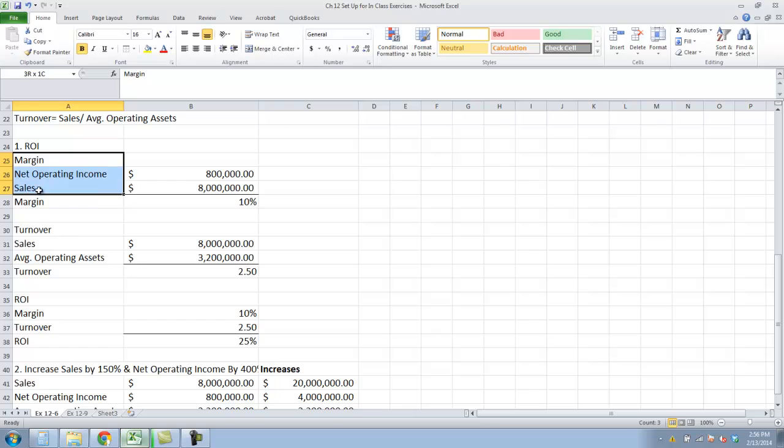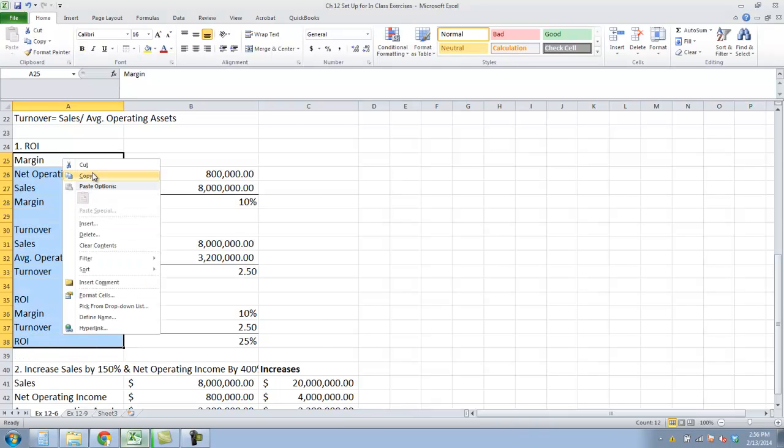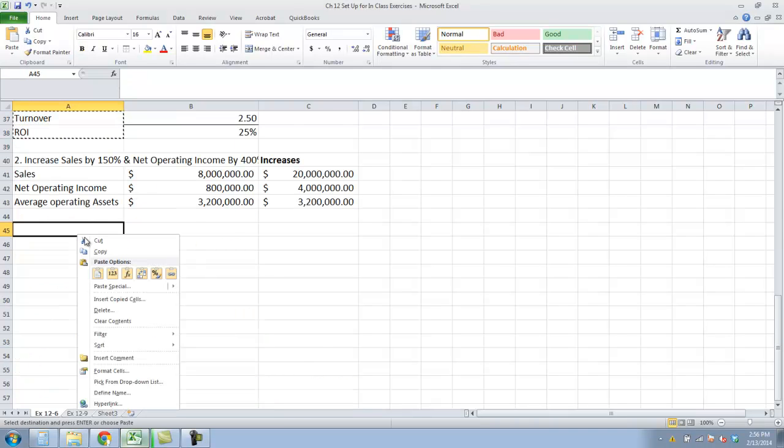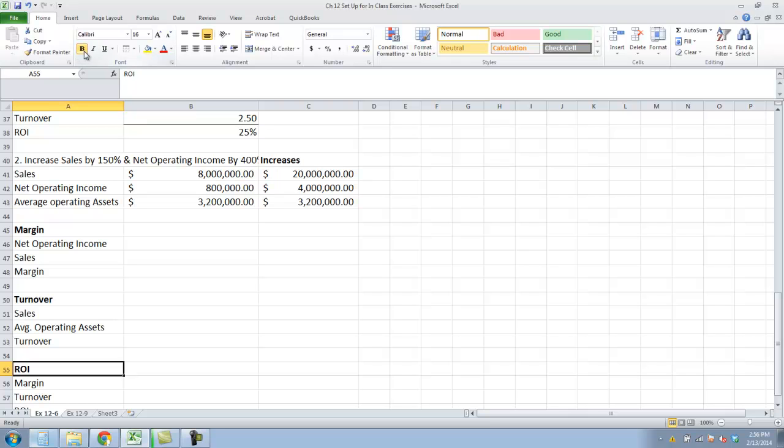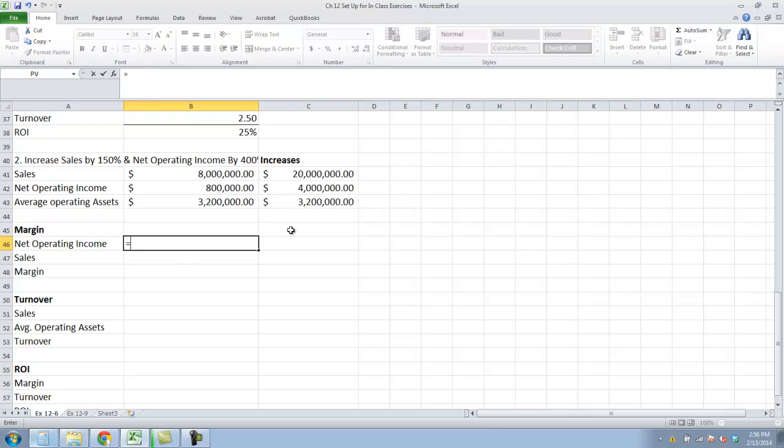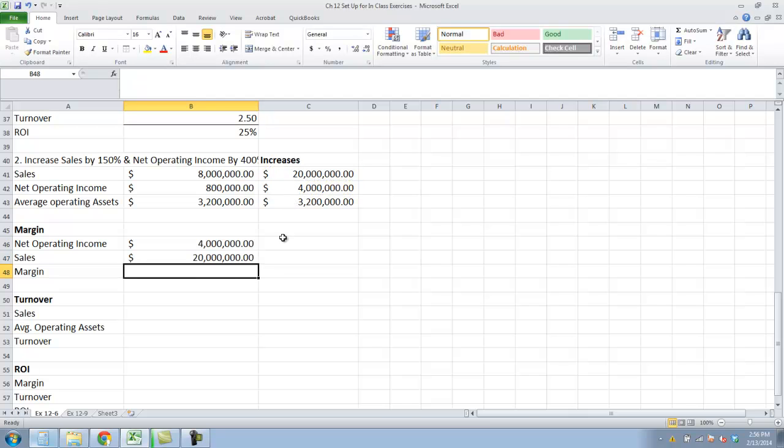So now I'm literally going to copy these formulas from problem number 1 and put them in problem number 2. So, margin, turnover, ROI. So, my new net operating income is this, my new sales is this, my new margin is 20%.